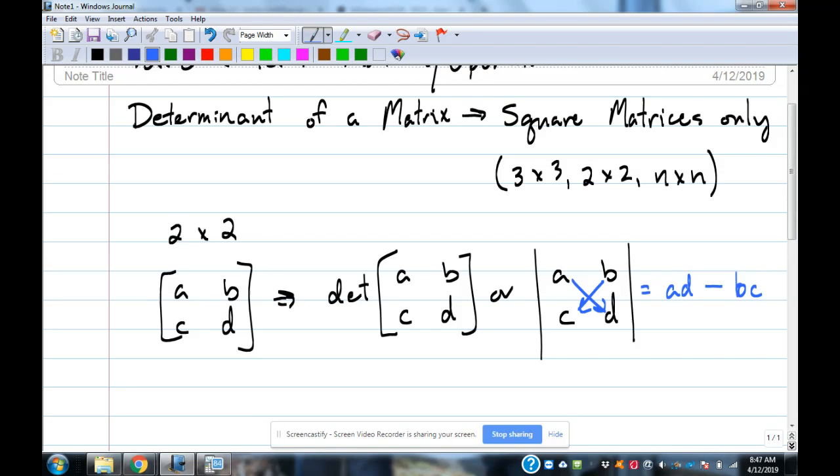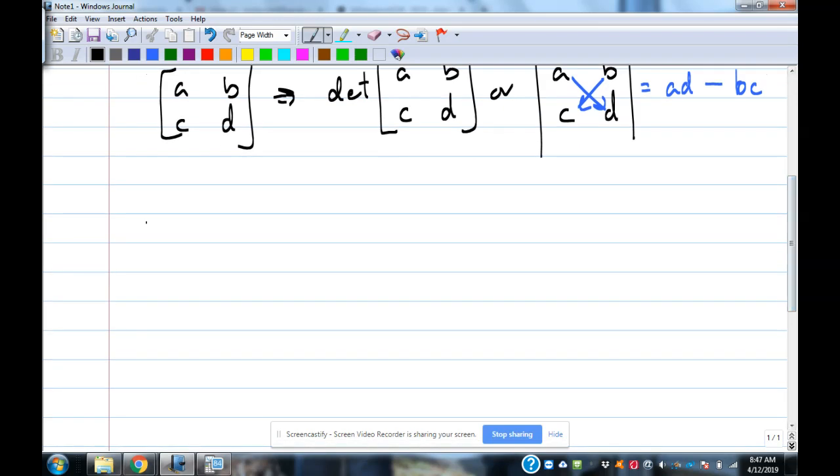So for 2 by 2s, you've got 2 multiplications and 1 subtraction. That's 3 operations. I rarely do 2 by 2s with the calculator. It can be done though, and I'll show you that. Most everything bigger than that, I'm absolutely fine with you doing it by calculator. But for 2 by 2s, you're probably going to think it's quicker to just do it by hand.